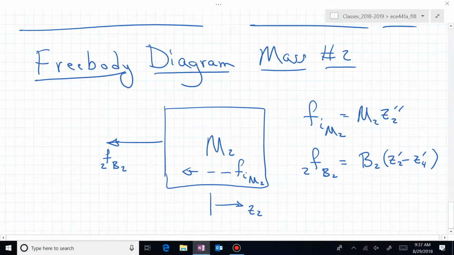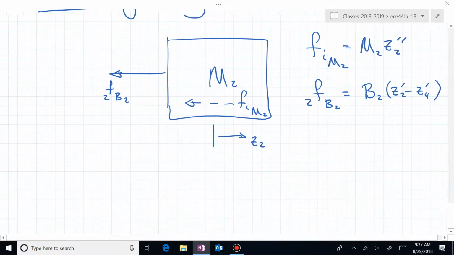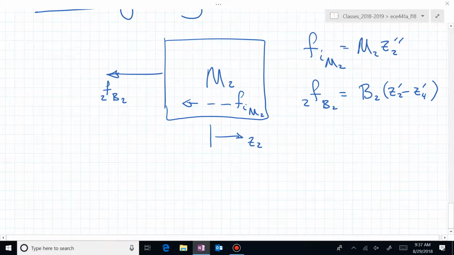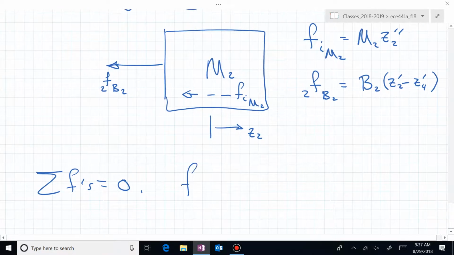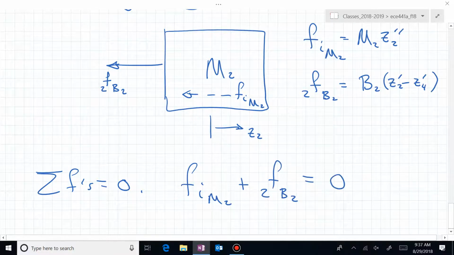And now we simply write the equilibrium equation, the sum of the forces, to produce. These are both in the same direction. And so those have to sum to equal 0.